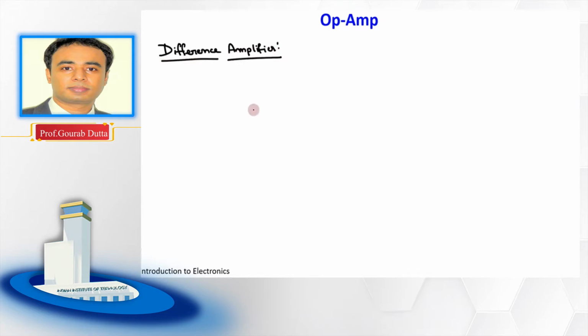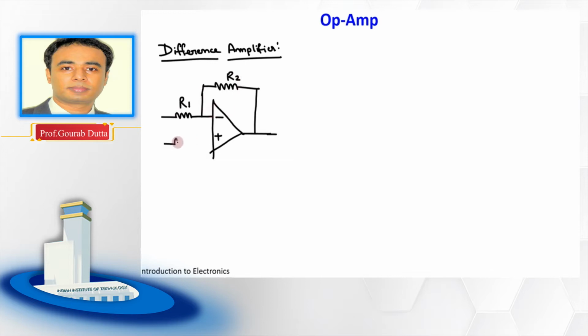So the circuit diagram of this difference amplifier is like this. We have these two terminals of this op-amp. In this inverting terminal, we have connected two resistors like this. One is R1, R2 is the feedback resistor, negative feedback, you know that, right?